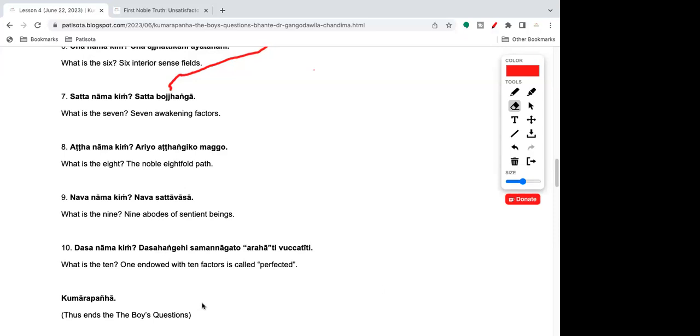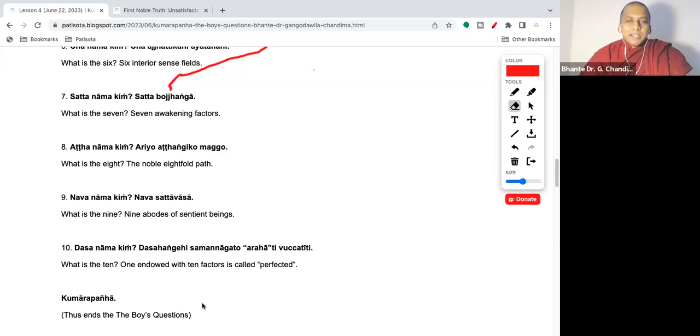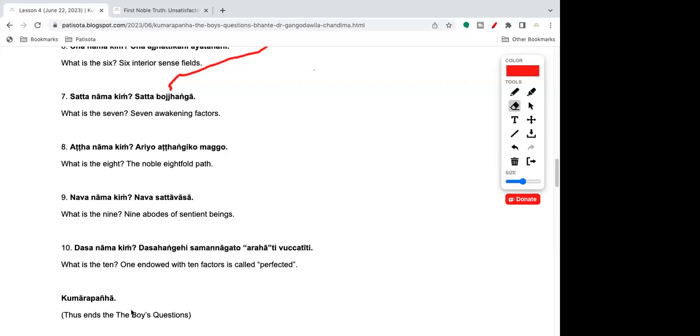Ariyo Atangiko Mako. T and T are 2 different letters. All right, T and T. Atta, not atta. Atta Nama King. Ariyo Attangiko Mako. Can you try again, please, Shirley?